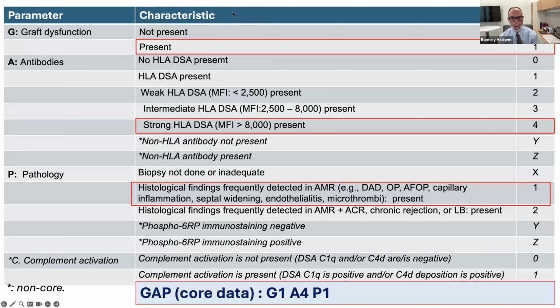For antibodies, the patient has strong HLA-DSA with an MFI greater than 8,000 present, and so the antibody score would be A4.